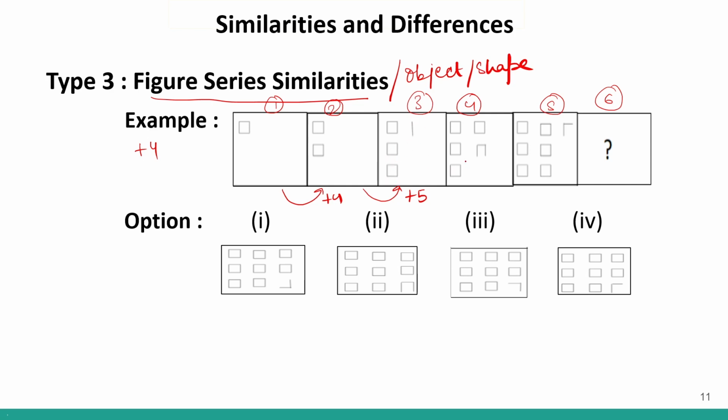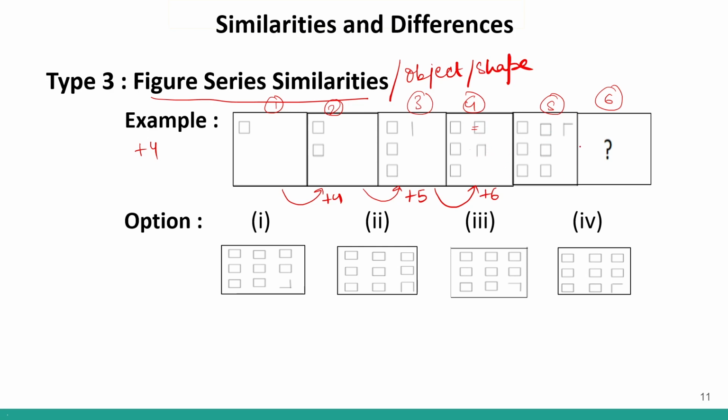Correct? Now, here let's check. So this, up till this side, it was already drawn. Now, how many sides have we added? We have added 1, 2, 3, 4, 5, 6. So from this figure to this figure, we have added 6 sides. Right? This side was already there. Then we added 1, 2, 3, 4, 5, 6 sides.